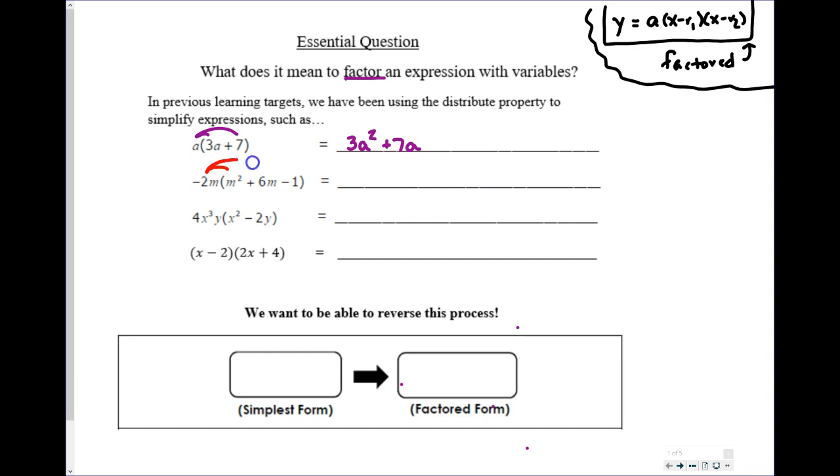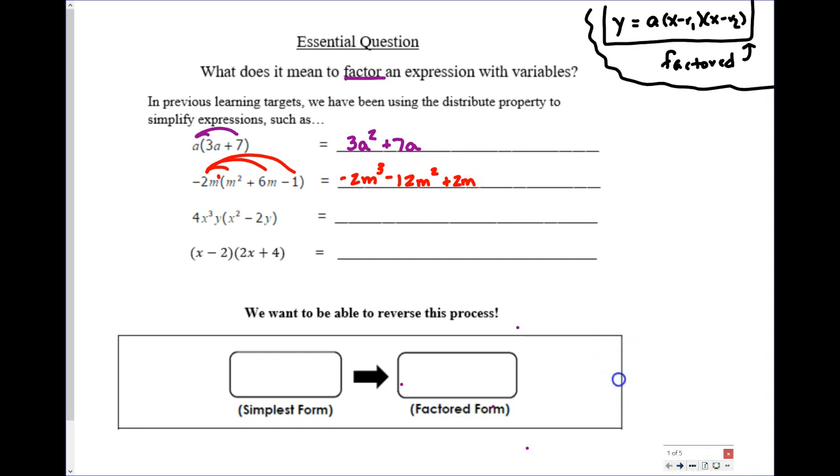I'm multiplying negative 2m times these three things inside to get negative 2m to the third. Remember that when you multiply terms with exponents, you add the exponents. Then I'm going to have negative 12m squared, and then plus 2m.